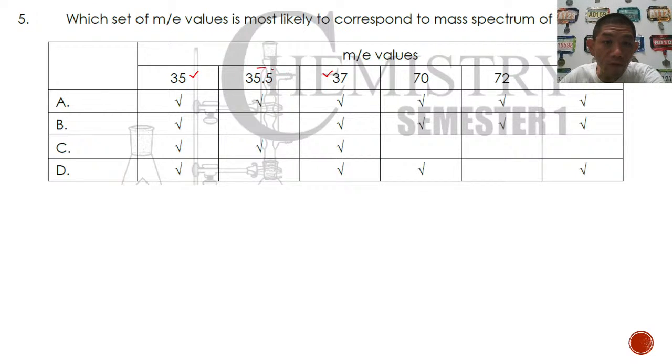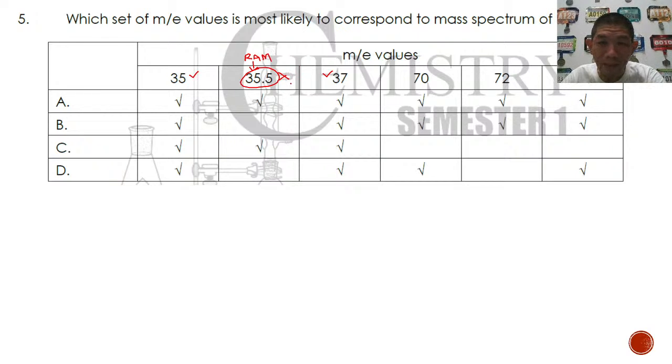Whereas 35.5 is actually an answer calculated from the average isotopic mass together with its abundance. The 35.5, which is the relative atomic mass of chlorine, cannot be detected by mass spectrum. It can only be calculated once you have deduced the isotopes for each chlorine atom and then averaged them with their relative abundance. So this will never exist inside the mass spectrum.